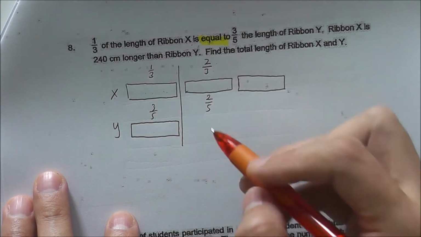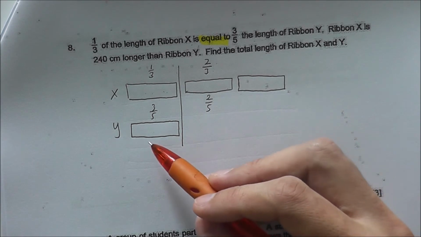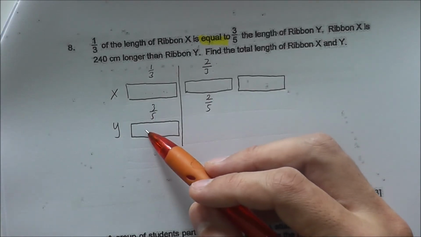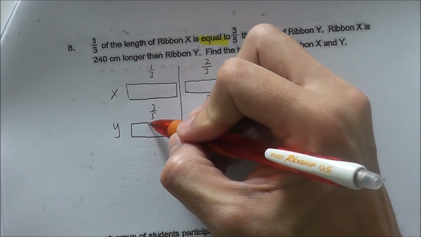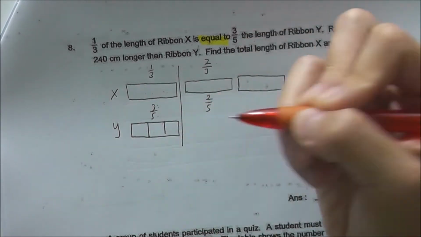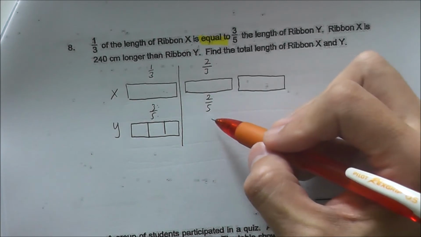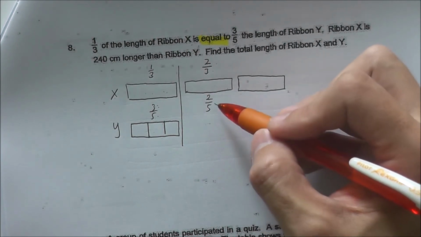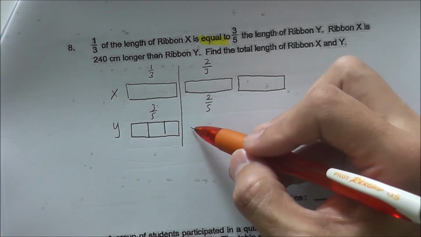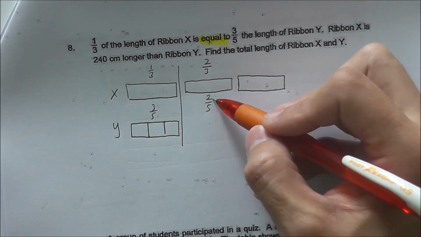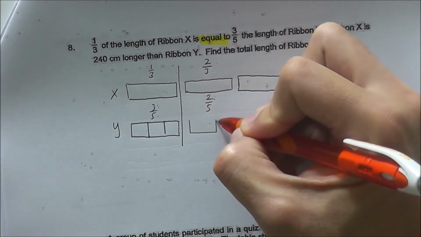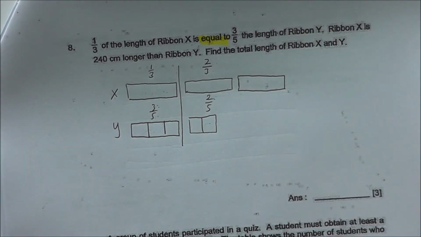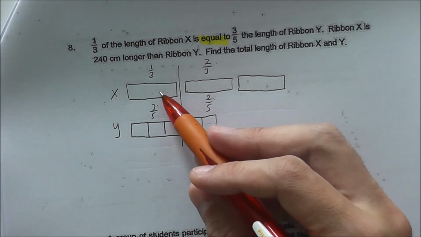So altogether there will be 5 units, and there are 3 units here. So you cut this block into 3. And on the right side, there's still another 2/5, so another 2 units. So let's just draw it: 1, 2. Okay, clear?